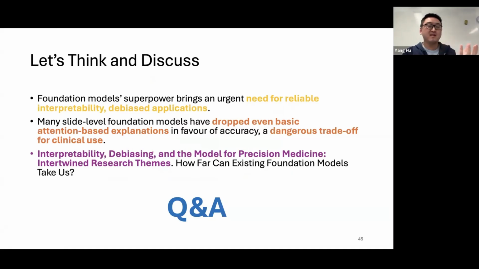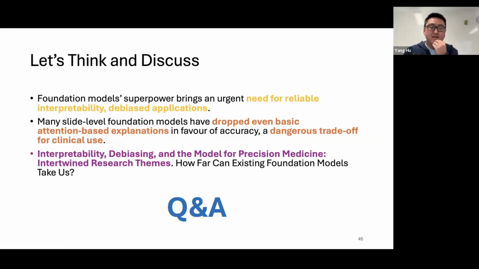Now foundation models are not only at the high level; slide-level foundation models have even dropped basic attention-based explanation. Attention-based explanation is not perfect, but they even dropped that, perhaps because they don't have enough computation resources but still want a slide-level foundation model. I think that's a very dangerous trade-off for clinical use.